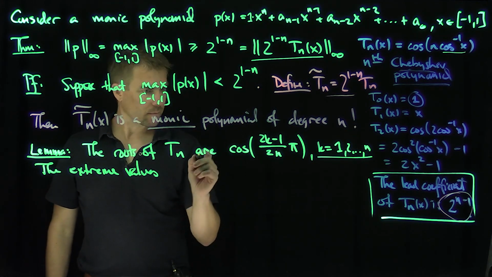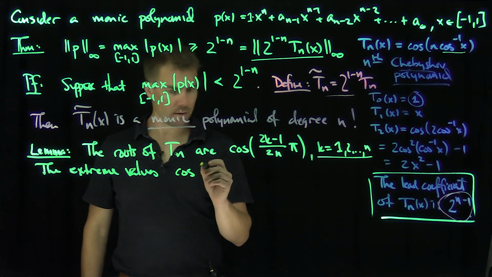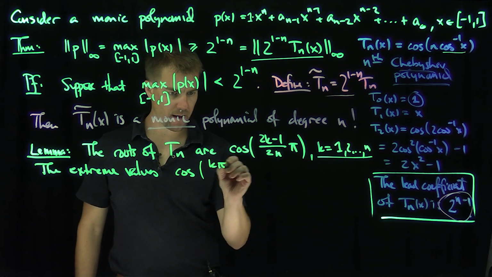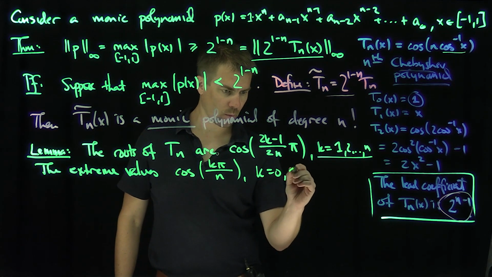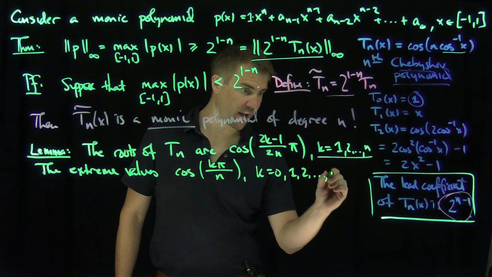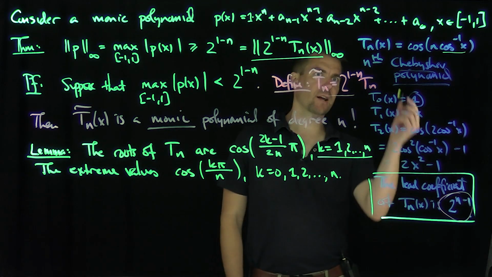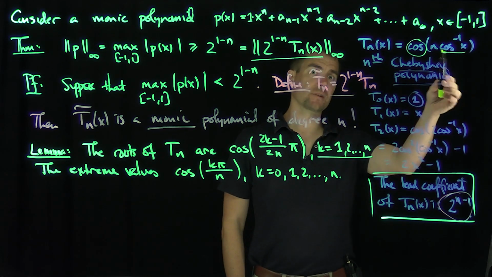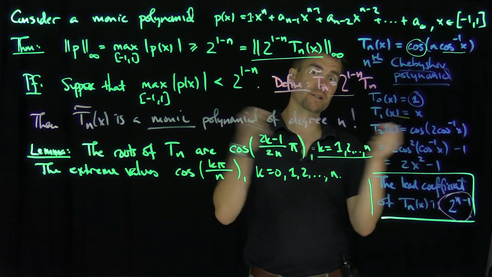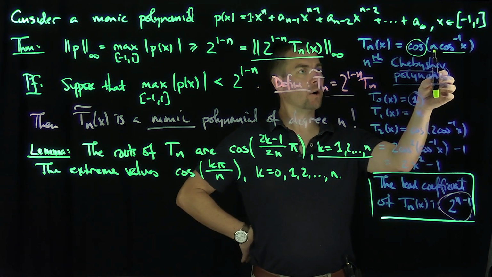They are of the form cosine of just k pi over n, where k goes from 0, 1, 2, up to n, okay? And I'm including the endpoints in there as well. So how do we check that? What's the derivative of cosine? The derivative of cosine is negative sine, and we have some square root, which is not going to vanish anywhere except at the endpoints, right? So I have to plug in the endpoints. And what values are going to annihilate sine?